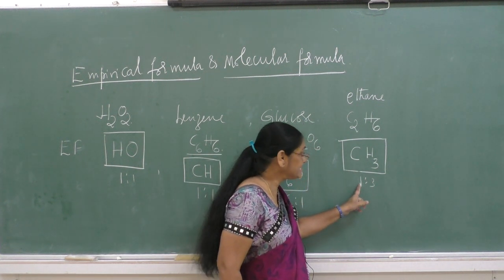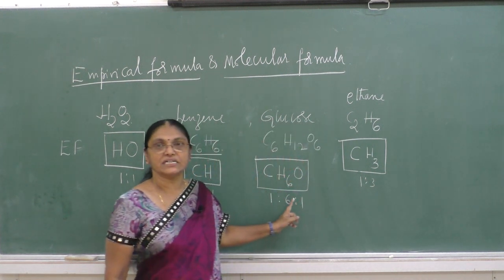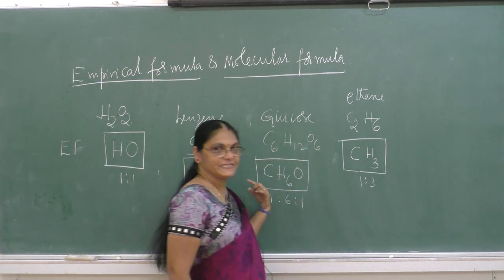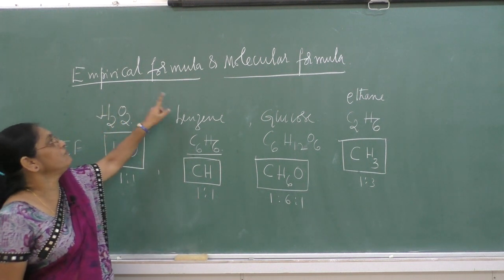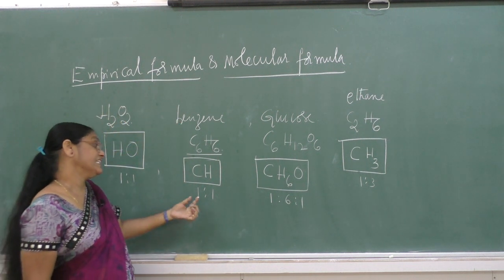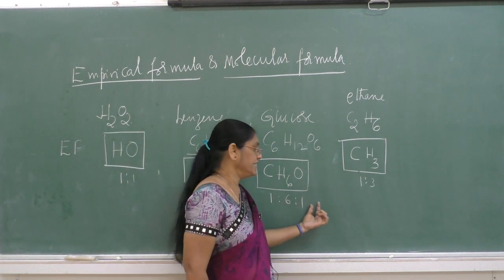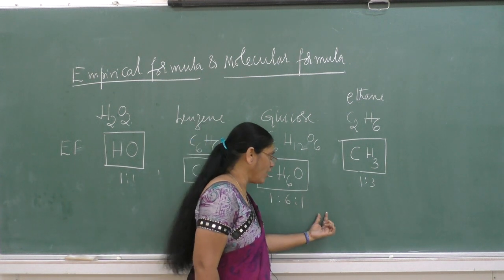The simplest whole number ratio of various atoms of elements present in the compound is known as the empirical formula, or it also gives the relative number of atoms of different elements in a compound.